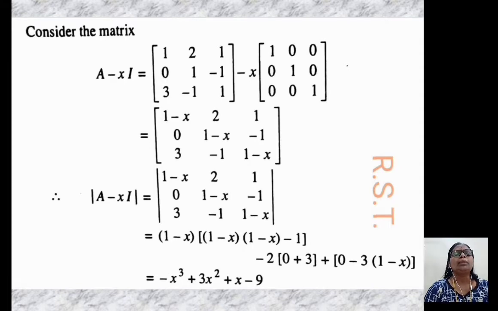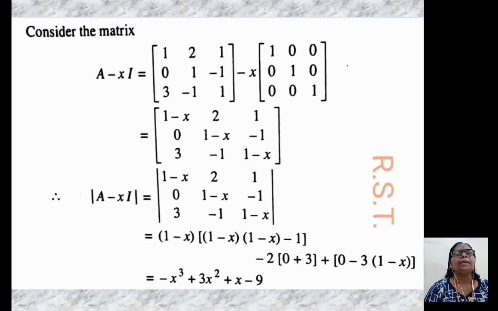Hence, determinant of A minus xI equals 1 into bracket (1 minus x) into bracket (1 minus x), bracket complete, minus 1, big bracket complete, minus 2 into bracket (0 plus 3), plus 1 into bracket (0 minus 3 into (1 minus x)), close the big bracket.